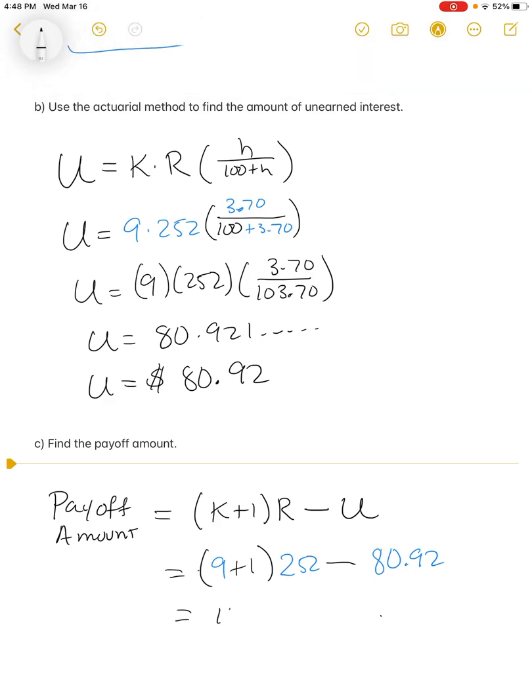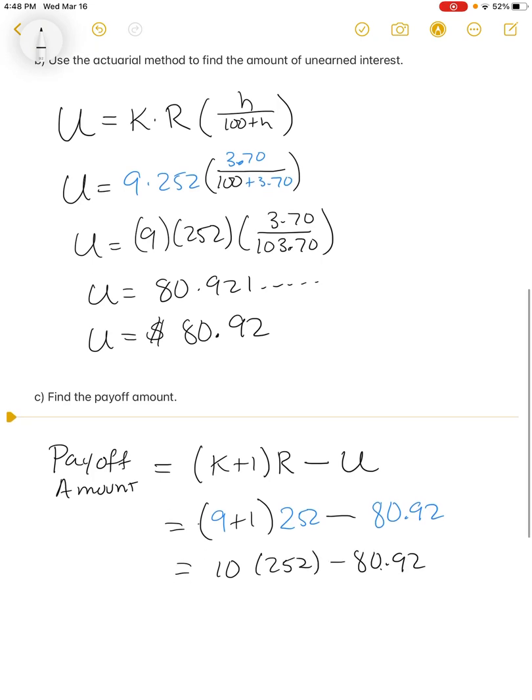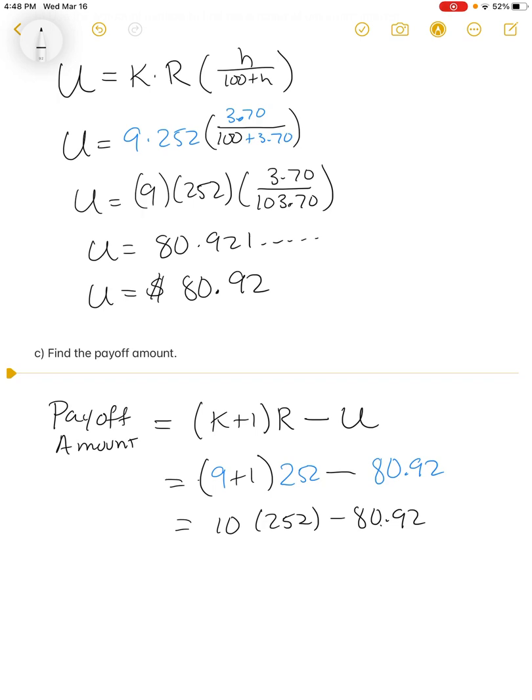And so we're just going to take 10 times 252 and subtract away 80.92. Our calculator knows order of operations. It will do just great with that. So we do 10 times 252 minus 80.92. And we end up with the number 2439.08. Well, that's what you owe them.